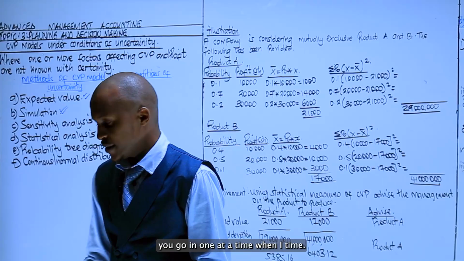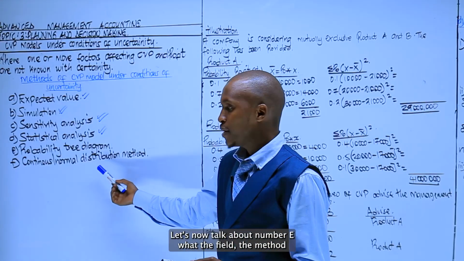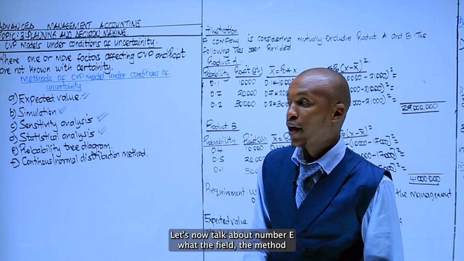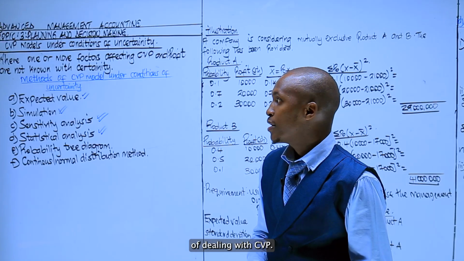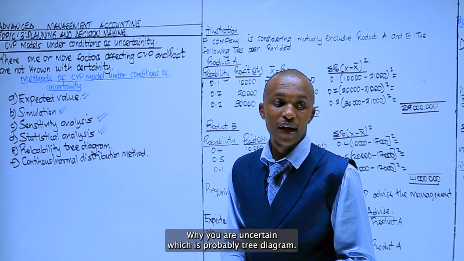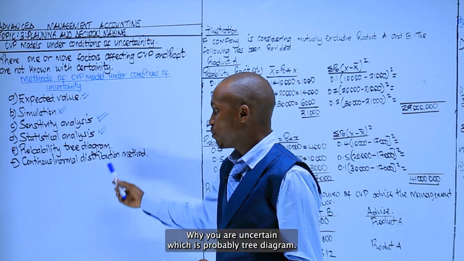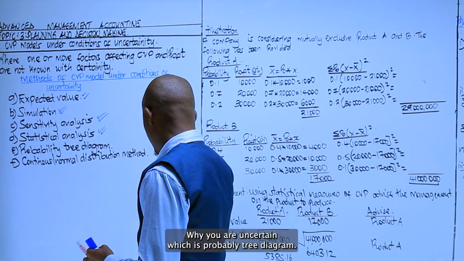Let's now talk about number E, the fifth method of dealing with CVP where you are uncertain, which is the probability tree diagram.